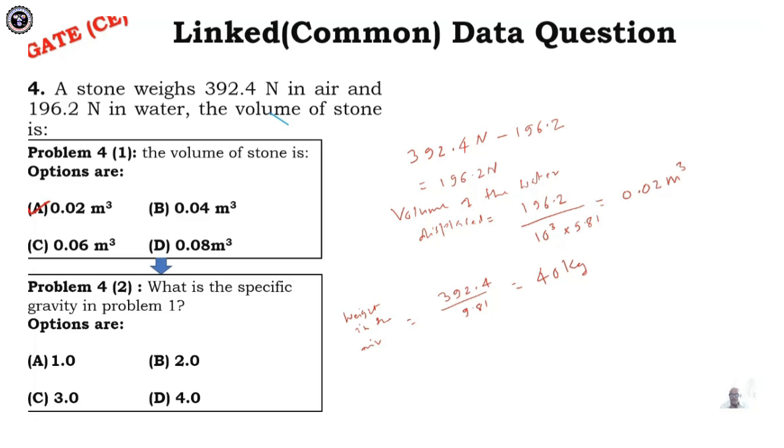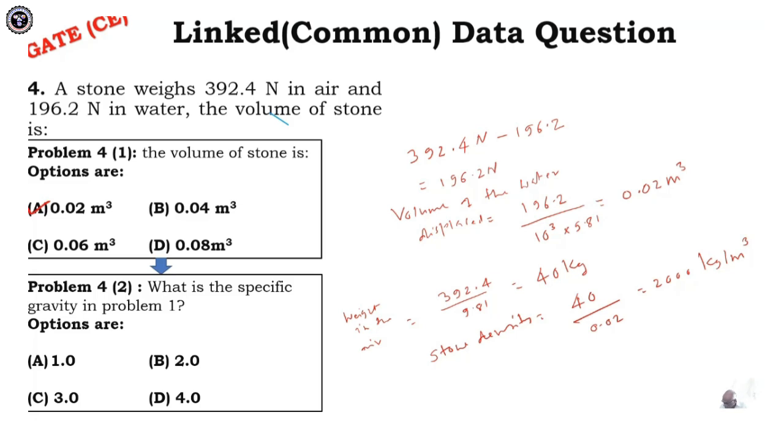Now find the stone density. Stone density is mass in the air upon volume, that is 40 upon 0.02, so the stone density is 2000 kg per meter cube.